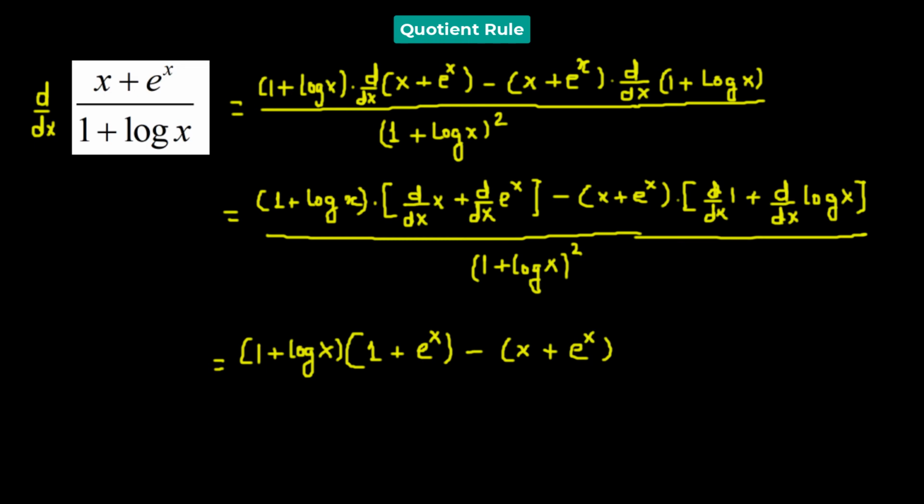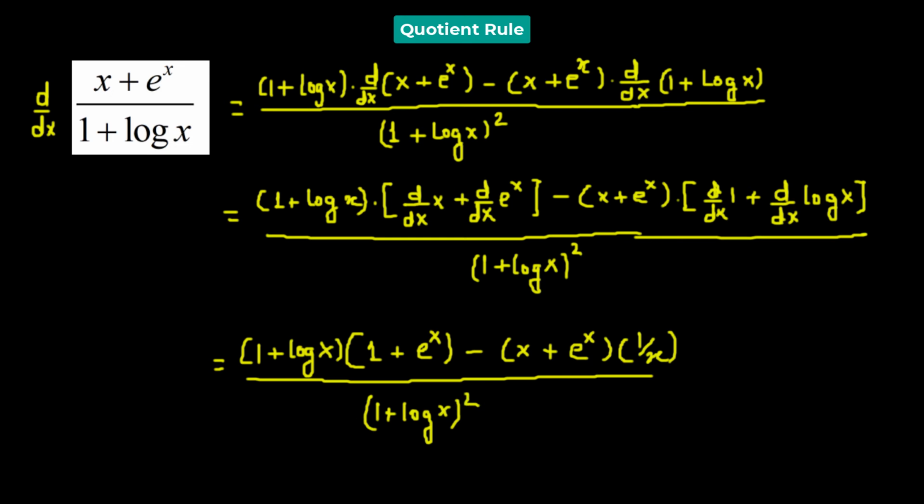So the derivative of 1 is going to be 0, and we have the derivative of the logarithmic function, which is 1 over x, whole divided by (1 plus log of x) whole squared.